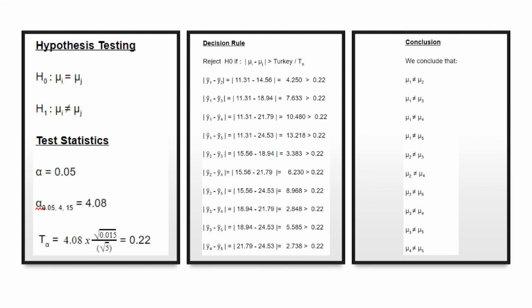For the decision rule, we reject H0 if mu I minus mu j is greater than T critical. Since all of the mu I minus mu j are greater than T critical, we reject H0. For the conclusion, we can conclude that all of the mu I are not equal to all of the mu j.